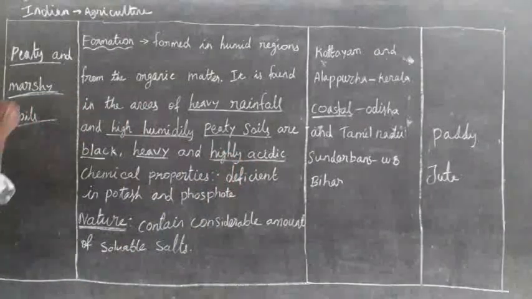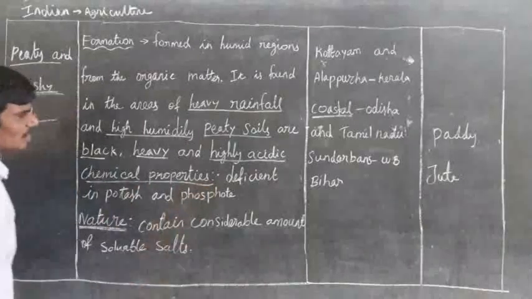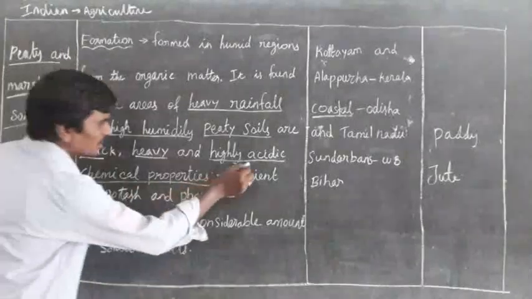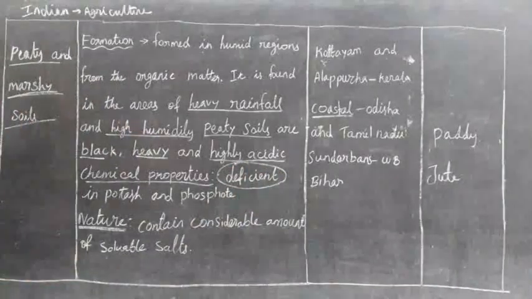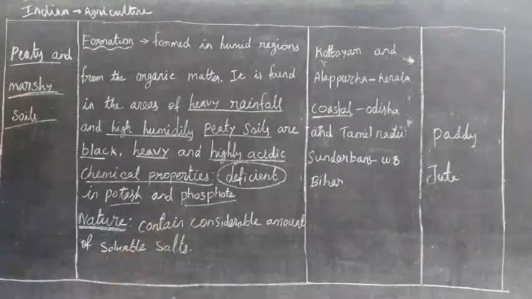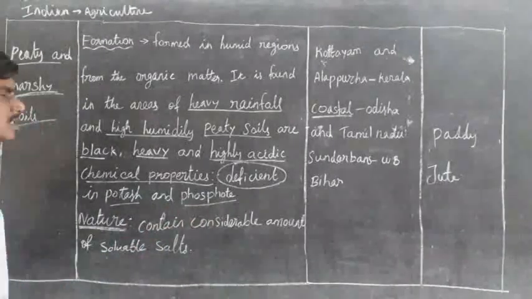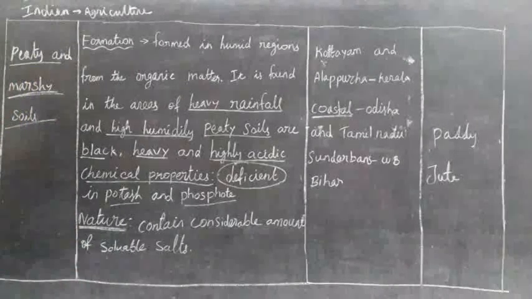Next one is chemical properties. They are deficient, meaning low levels of potash and phosphate are found in these peaty and marshy soils.